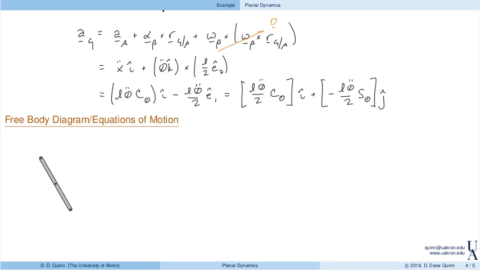So now we're ready to go and construct the free body diagram. Remember, we had these forces identified. And so now let's go and actually specify what they are in terms of the directions. Again, the reaction force at A is unknown magnitude, but known direction. The external force is minus F in the I direction.